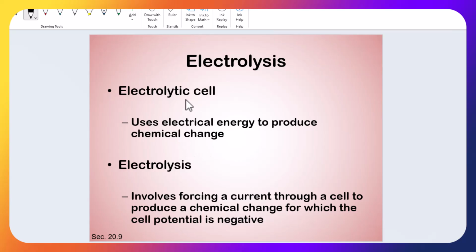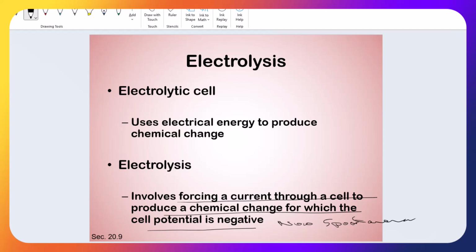Okay, let's talk about electrolysis real quick. Electrolytic cells use electrical energy to produce a chemical change. Electrolysis is forcing a non-spontaneous reaction to occur. How do you do that? You force a current through a cell to produce a chemical change for which the cell potential is negative. A cell potential that's negative is non-spontaneous, but we're going to force it to happen by providing a current.